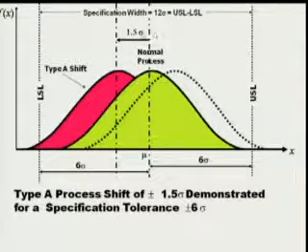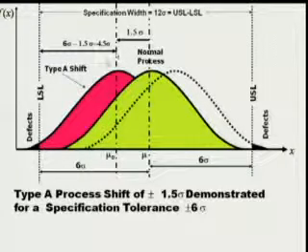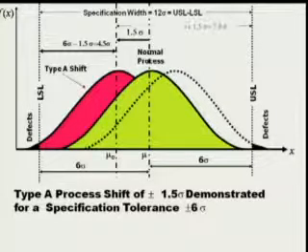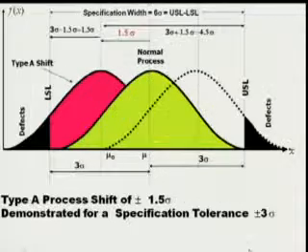Because at 1.5 sigma shift to the left, what we have left here is 6 minus 1.5, which is a 4.5 sigma allowance that you can move in and still maintain yourself within the spec limits. And as you go to the right, you have plenty of room. You have 7.5 sigma.